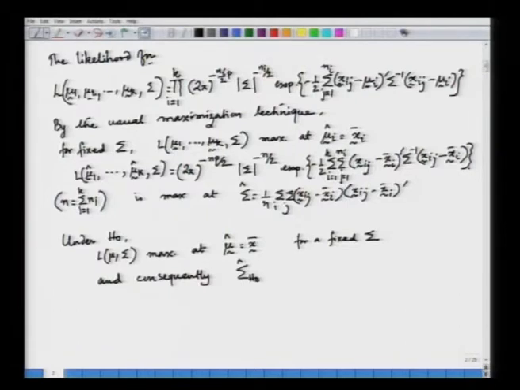So, let us write this sigma hat with an H naught here to distinguish it from the estimator in the unrestricted situation.